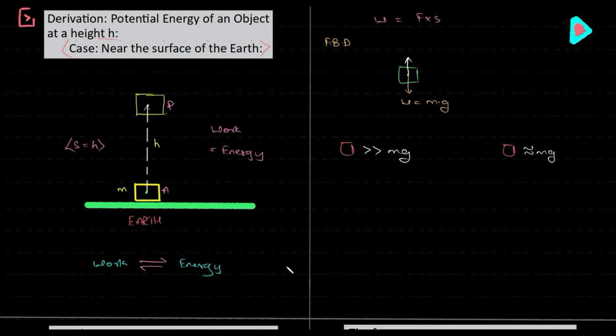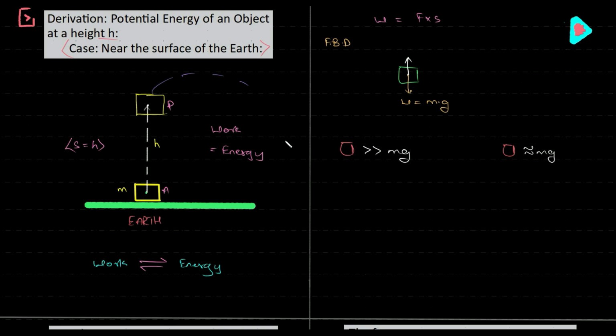So what is the answer? If it's too much, what happens is, if I have to lift an object from point A to point B, and I do it really fast or spend a lot of energy, the excess energy will make the object fly. That's what happened in that video.